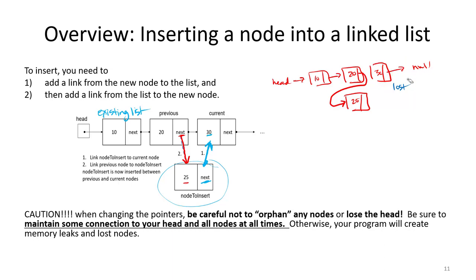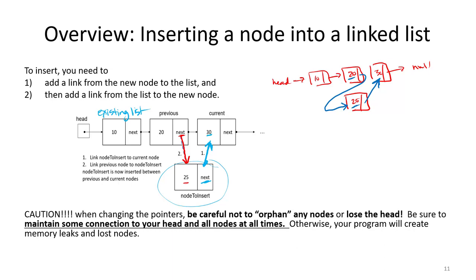So it's very important that first, before we do anything with our second node's pointer, we would first attach our node that we want to insert to its insertion point. Then connect the rest of our list.